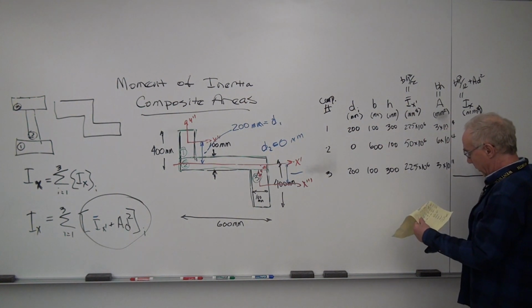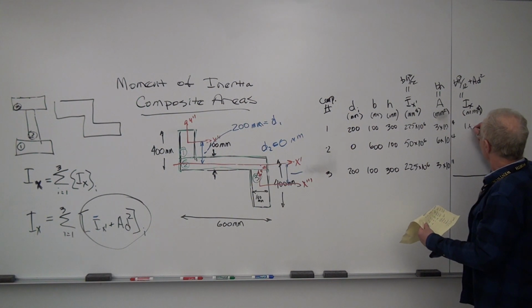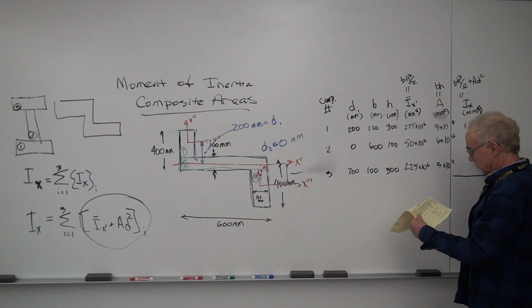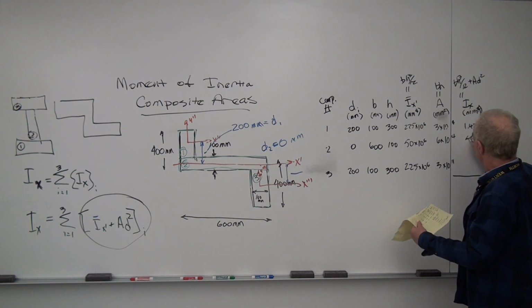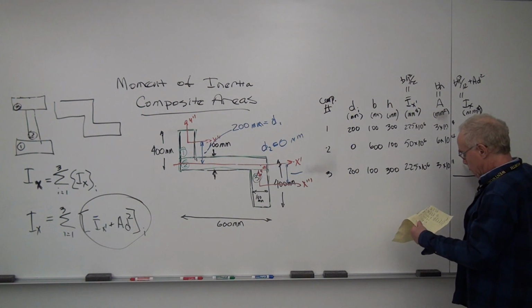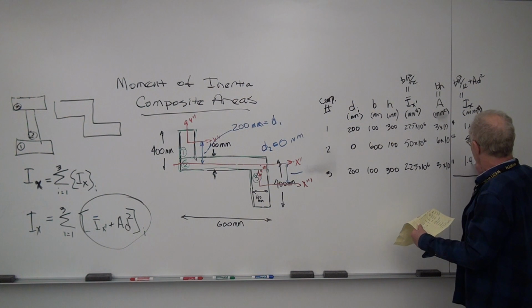And the values are 1.425 times 10 to the 9th, 50 times 10 to the 6th, and again 1.425 times 10 to the 9th.